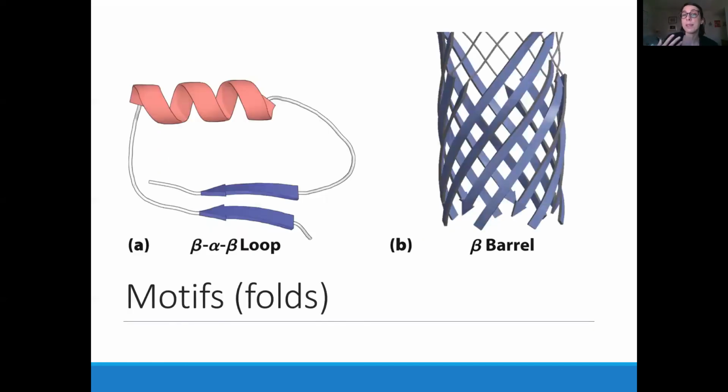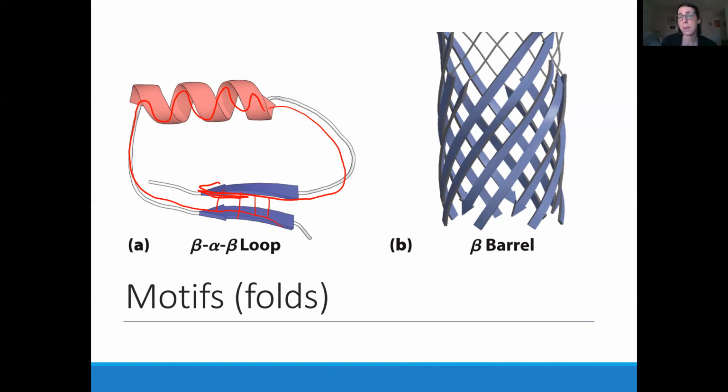Again, these are just common types of structure you find within a globular protein. A beta alpha beta loop. So this is a segment of a protein that has a beta strand followed by an alpha helix and then another beta strand interacting with the very first beta strand. This type of loop, the beta alpha beta loop, again, is a common motif you see in globular proteins.